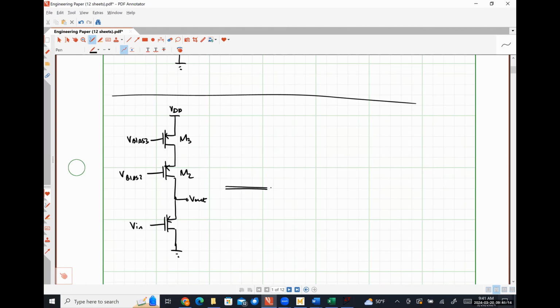And this circuit is just a fancy representation of this guy.